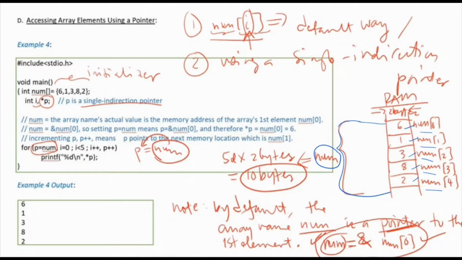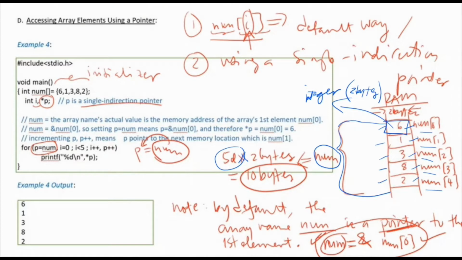Since there are 5 elements, first, second, third, fourth, and fifth, and each element is allocated 2 bytes, since the data type of each element is integer, and recall that an integer is allocated 2 bytes of memory space.